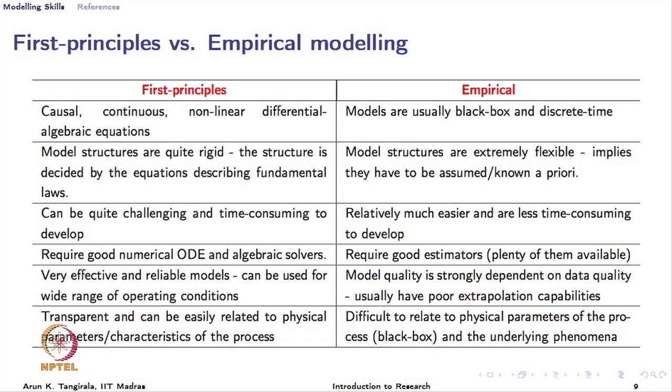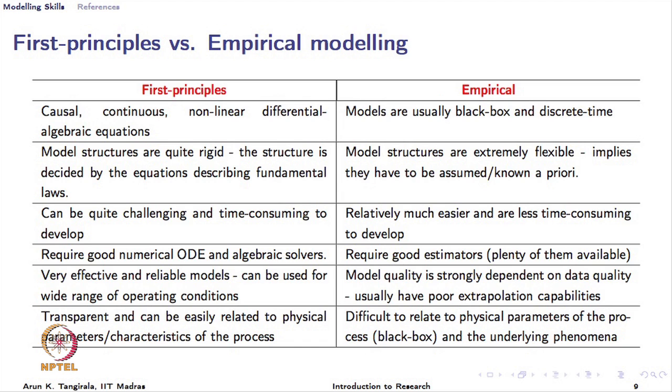That flexibility really gives the empirical model a big vote in its favor. A lot of people really prefer that, particularly in control. And they are therefore relatively much easier to simulate and less time consuming to develop.